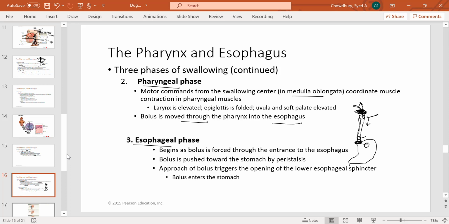Okay, and once the food bolus is inside the stomach, a lot of gastric secretion takes place, and the food bolus gets dissolved in the secretion, and that is the chyme inside the stomach. So if you see inside the stomach, you'll see fluid. The foodstuffs are mixed with the fluid, so it's liquid form of food.